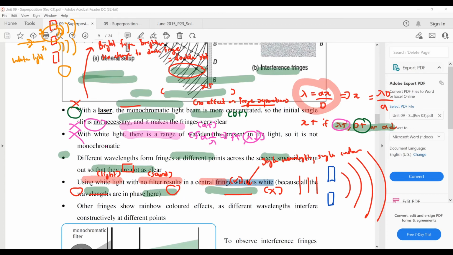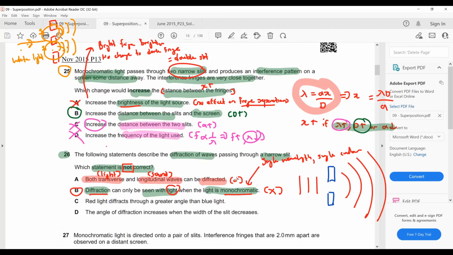So each one of these is actually kind of like a slit in itself. So when white light passes through each of these slits, it does diffract. So it is not correct to say that diffraction only occurs for monochromatic light. It does occur for white light too. Okay, that's how you get rainbow colored fringes for your double slit experiment when using white light. Okay, so this one is okay.